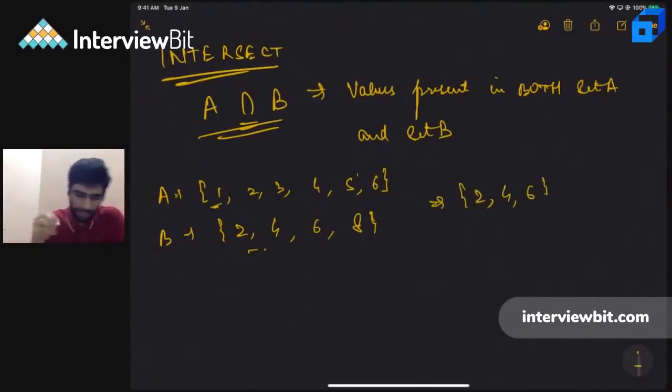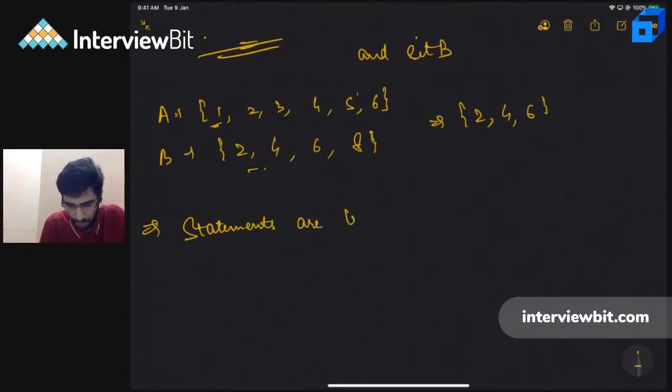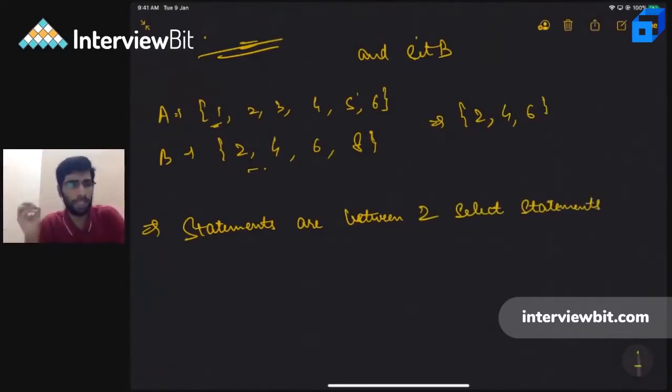Great. Now we understand what these commands are doing, but how will we actually write them in SQL? How will we use them in a SQL query? In these SQL queries, these statements are between two select statements. So how will it be represented?